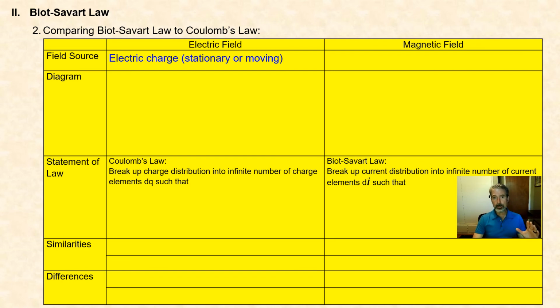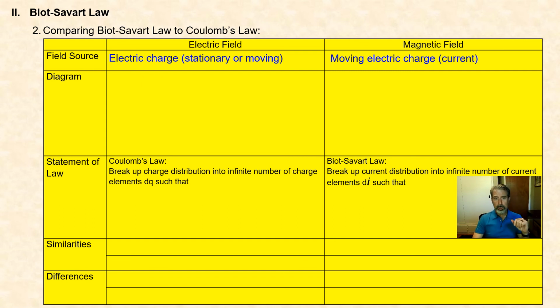In all cases, an electric charge will produce an electric field. In the case of magnetism, however, electric charges on their own do not produce magnetic fields. You've got to get those electric charges in motion. And when that happens, a moving electric charge, or as we like to say, an electric current, will give rise to a magnetic field.